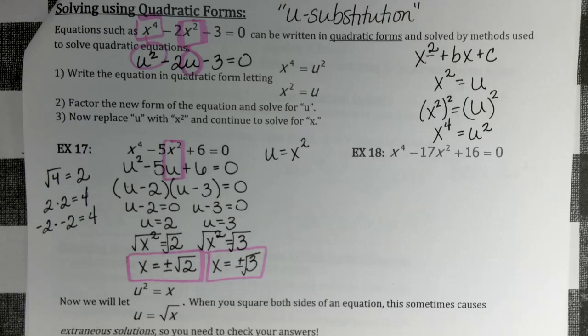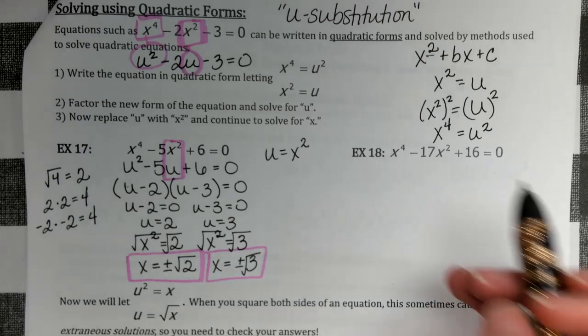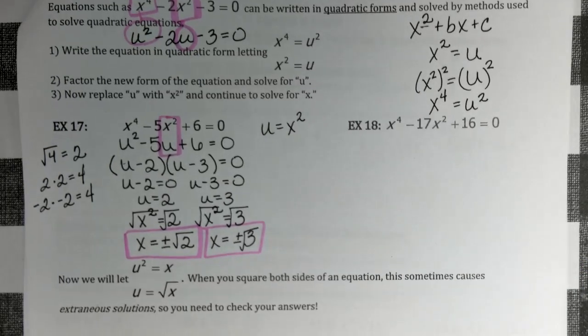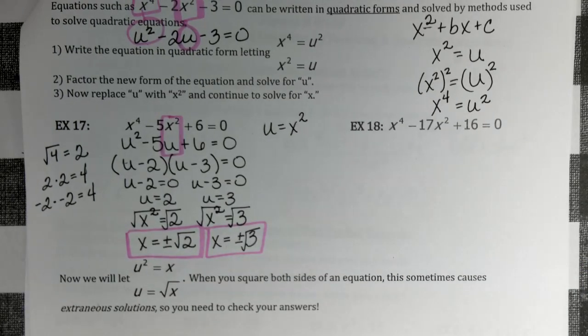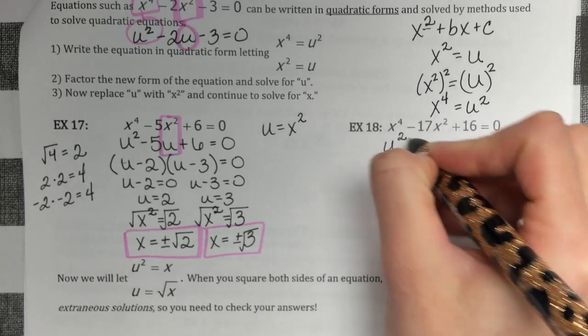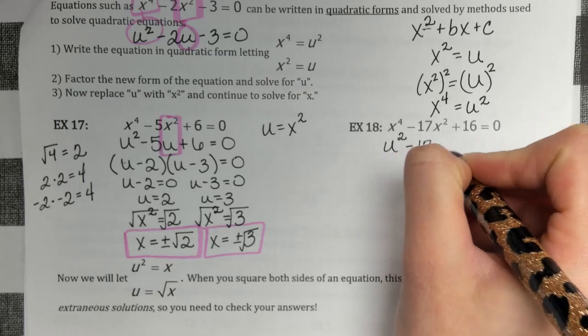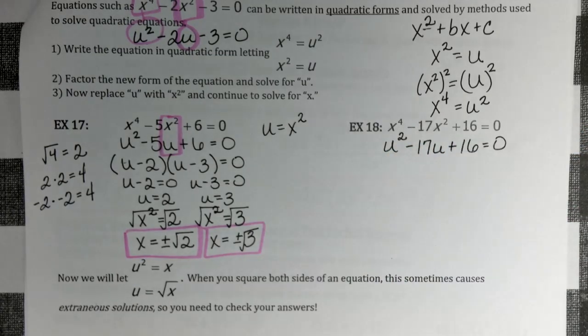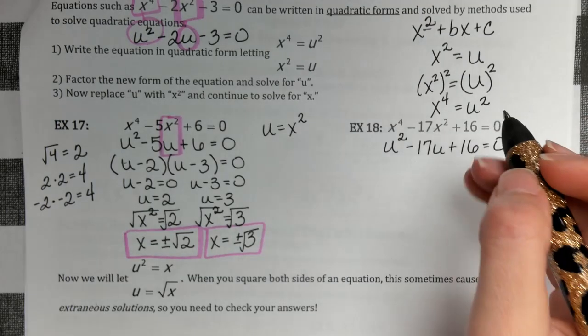Do y'all understand how I substituted the u's? So if I have x to the 4th minus 17x squared plus 16 equals 0, I substitute my u's back in and it becomes u squared minus 17u plus 16 equals 0. I factor that.